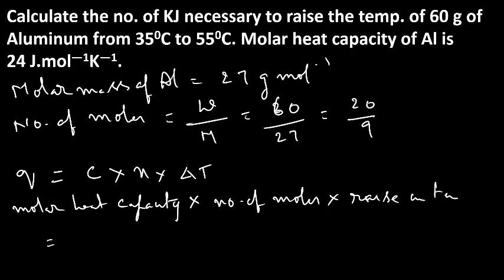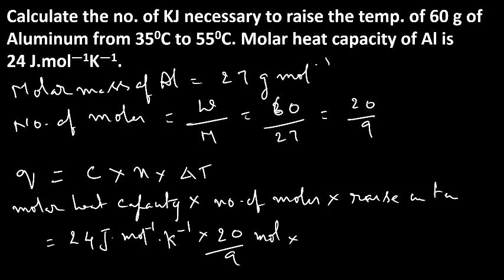Therefore equal to molar heat capacity 24 joule mole minus 1 K minus 1 into number of moles 20 by 9 mole into rise in temperature. How much? 55 minus 35, it is 20 degrees centigrade. 20 degrees centigrade, because it is rise in temperature, already we found the difference, therefore we can take K.